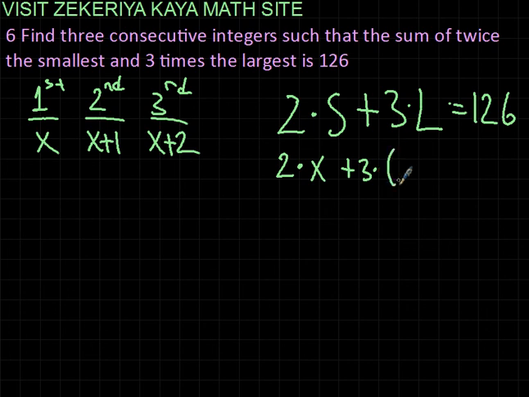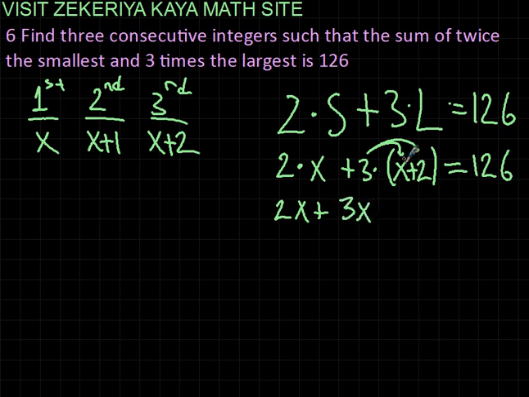So I must write it inside the parentheses. It should be equal to 126. Let's multiply: 2x plus, opening the parentheses, 3 times x, 3x, plus 3 times 2 is 6, equals 126.